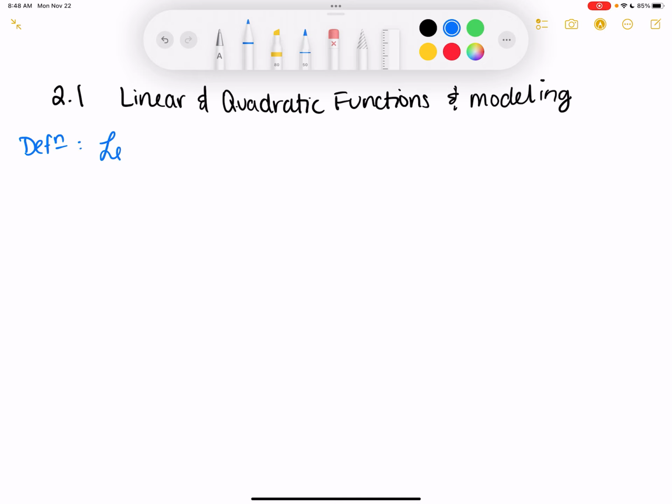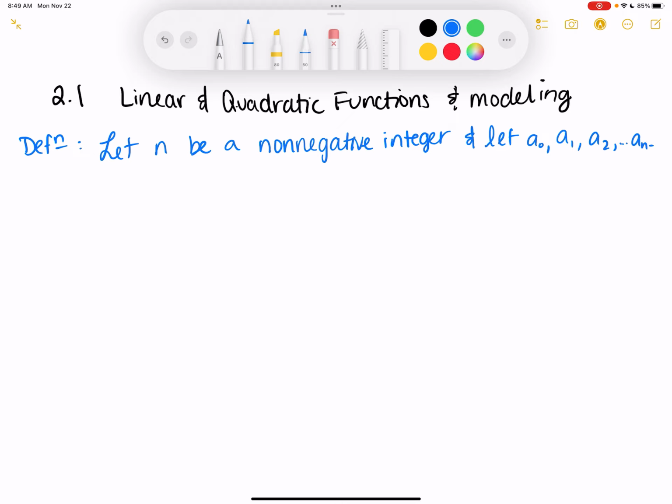All right, let n be a non-negative integer and let a sub 0, a sub 1, a sub 2, dot dot dot, a sub n minus 1, a sub n be real numbers with a sub n not equal to 0.